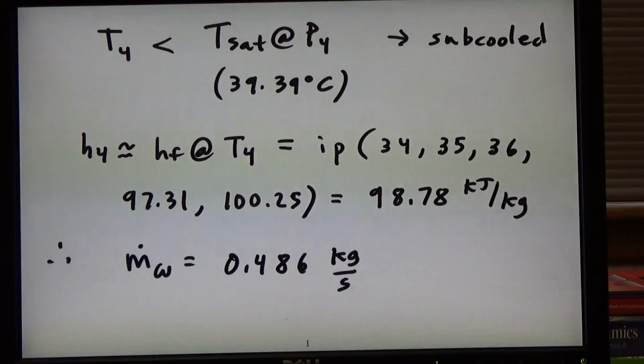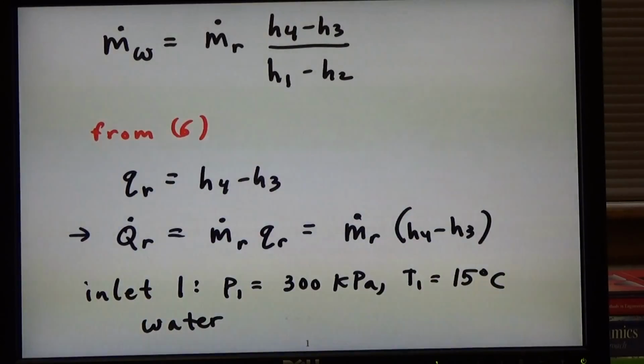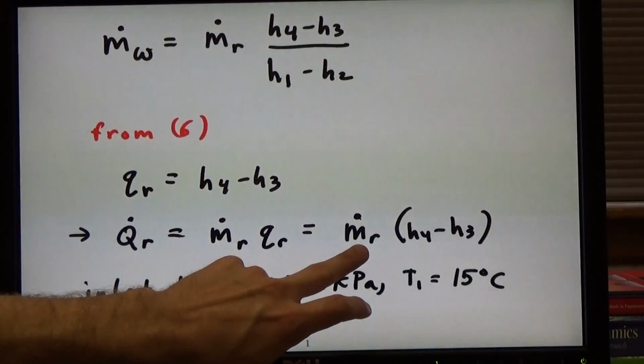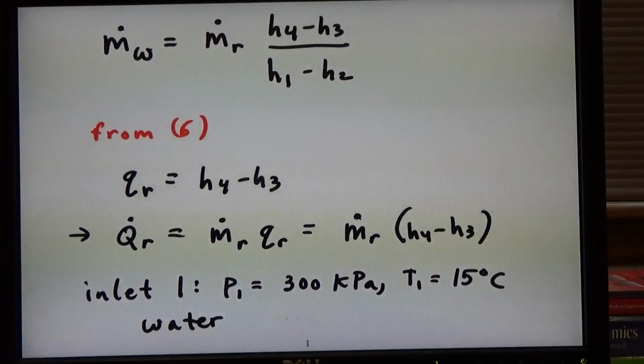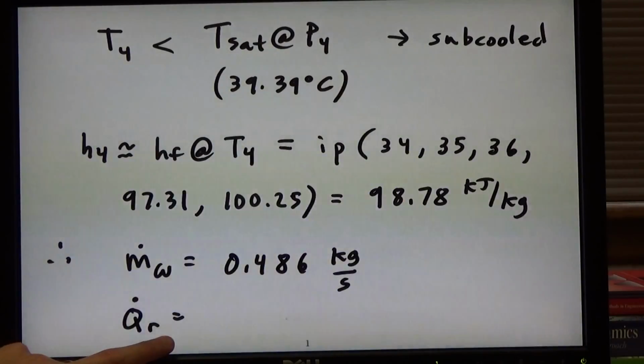Now let's see what the heat transfer from the refrigerant is. That equation was mass flow rate of the refrigerant times its delta H. So Q dot R should be a negative number because the refrigerant is hot, so it's going to have a heat loss.